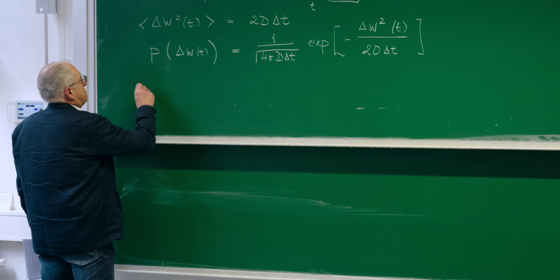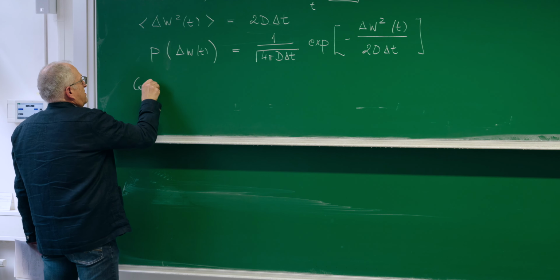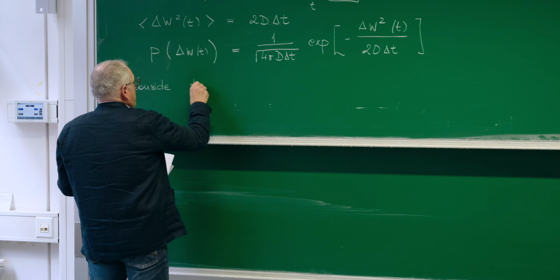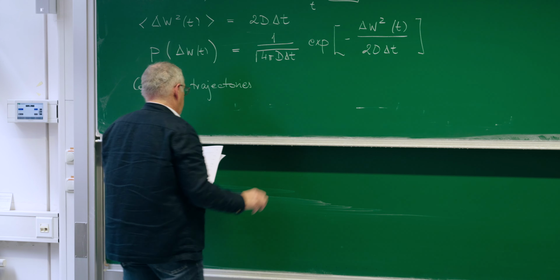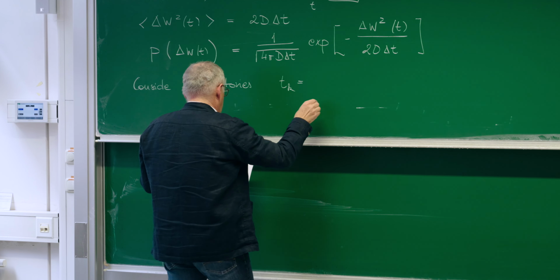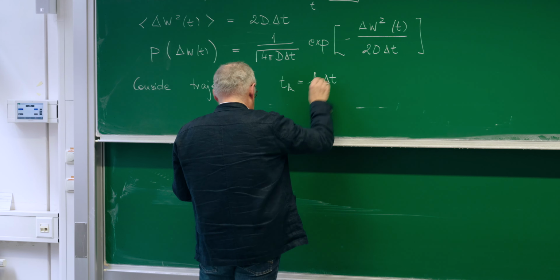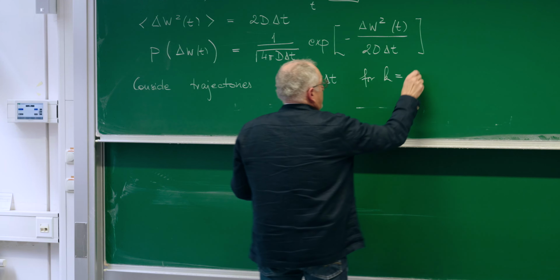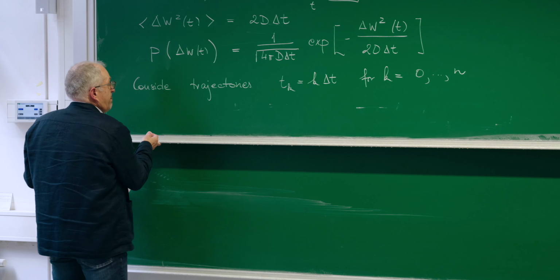And now we go along in the calculation as we did before. We consider a time interval and then look at trajectories on this time interval where we do have times t_k equal to k times delta t for k from 0 up to a maximum number of indices.